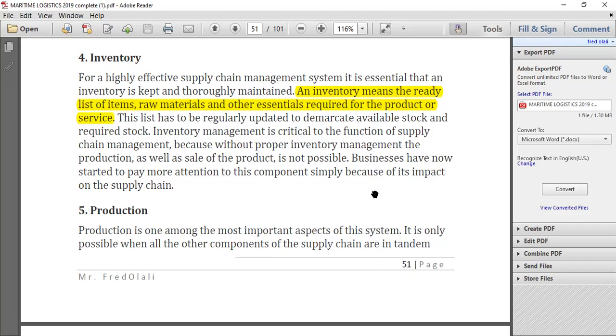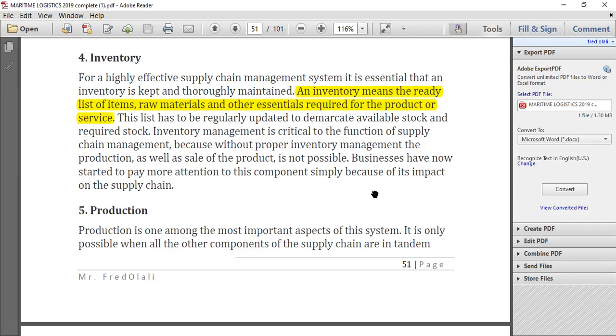What we can call in other terms is a stock. It is the ready list of the items or raw materials and any other essential requirement that is needed for that product or the service to be moved to the next stage.